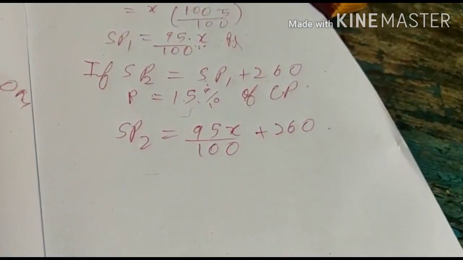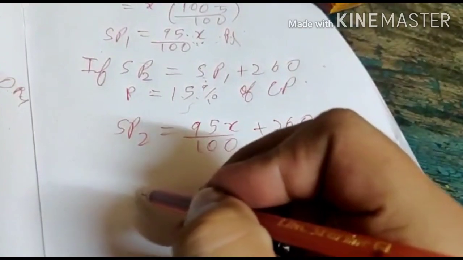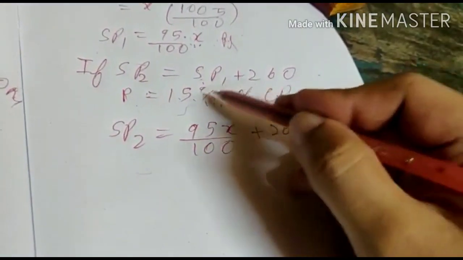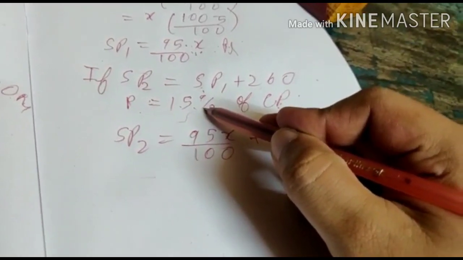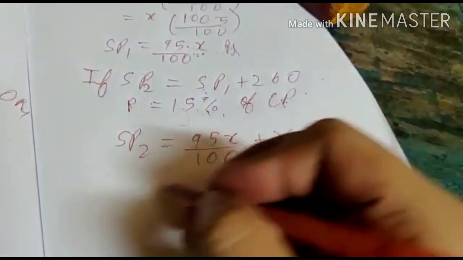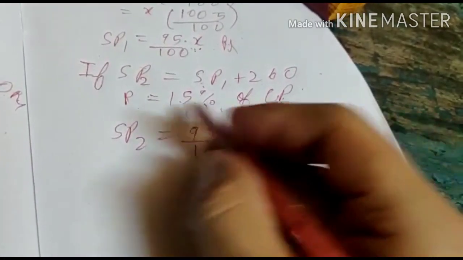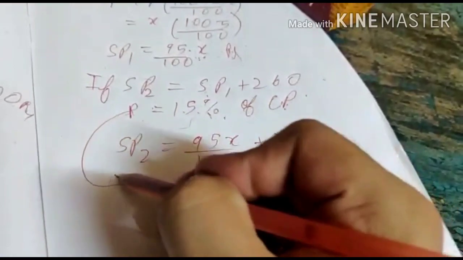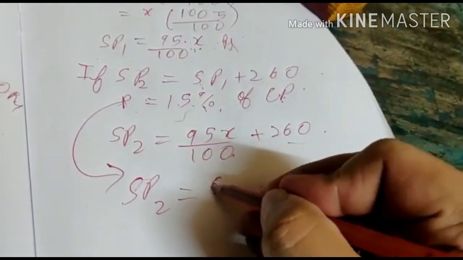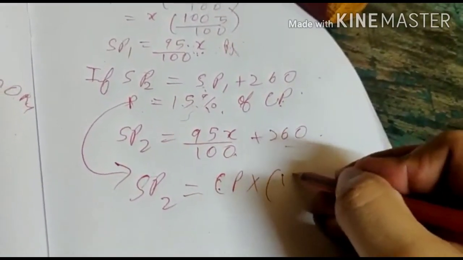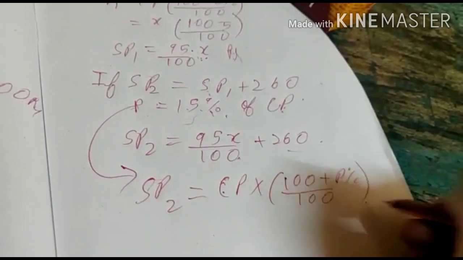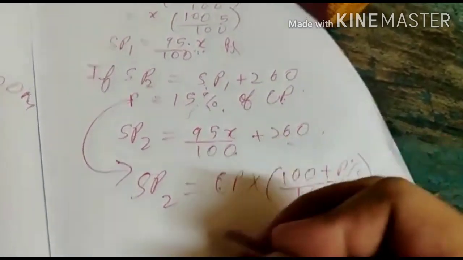So if CP is X and profit percent is 15%, SP2 will also be CP into 100 plus P upon 100, if profit is given in percentage.